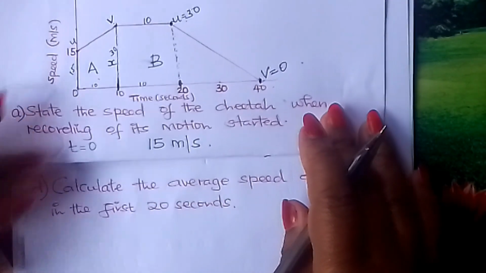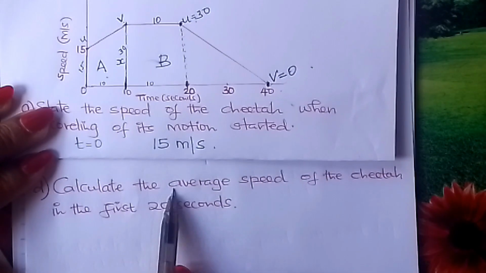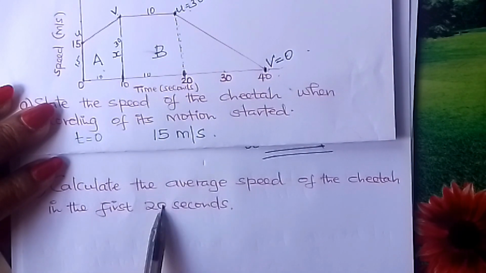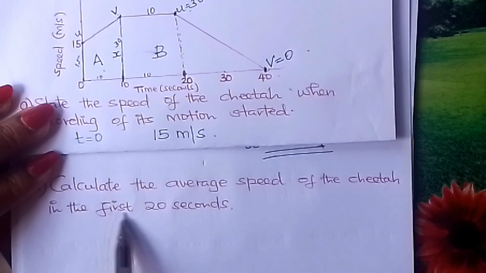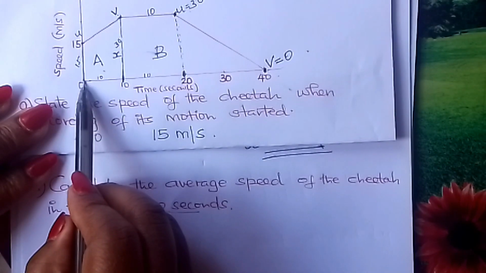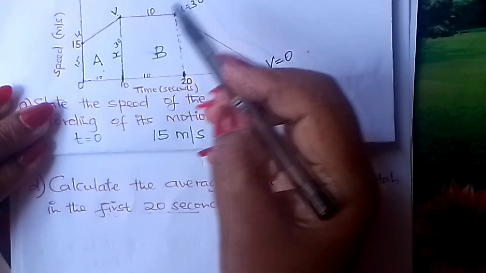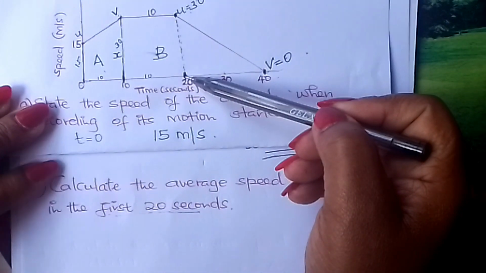Finally, learners, what are we asked? We are asked to calculate the average speed of the cheetah in the first 20 seconds. That is from 0 all the way to 20. What is the average speed from 0 to 20?